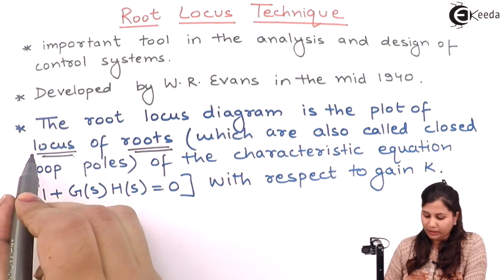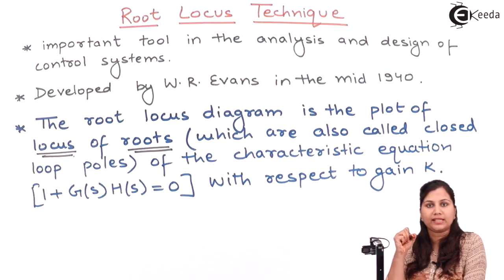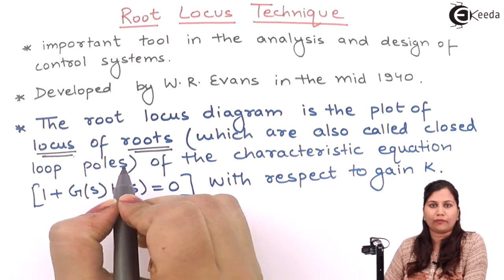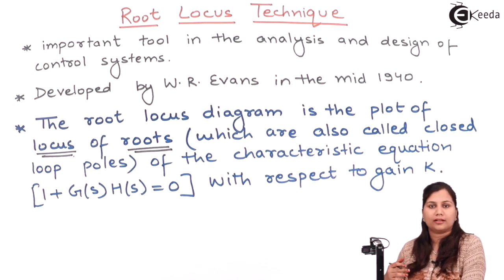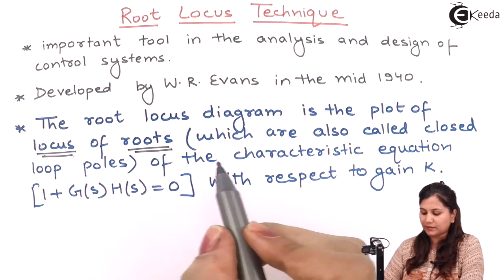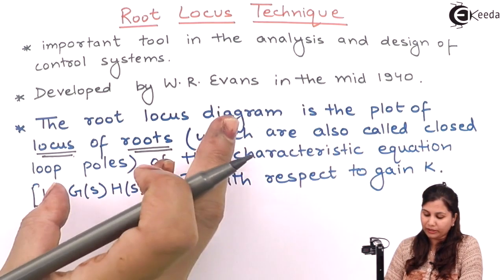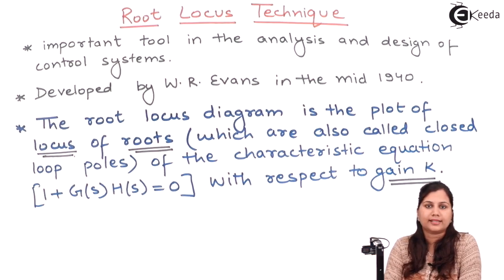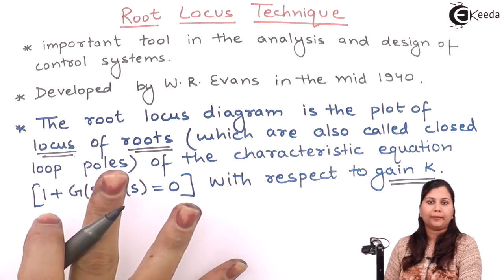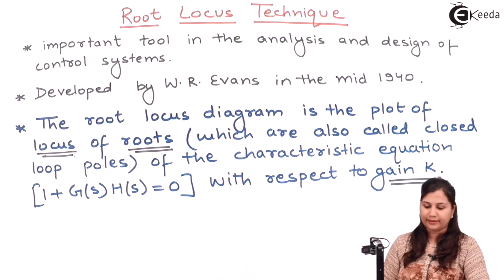So we are plotting a curve, and that curve is joining some points. These points are the roots of the characteristic equation, such that this curve which we are drawing is satisfying the characteristic equation. And we are plotting the roots with respect to the gain k of the system. So it is basically the definition of the root locus diagram.